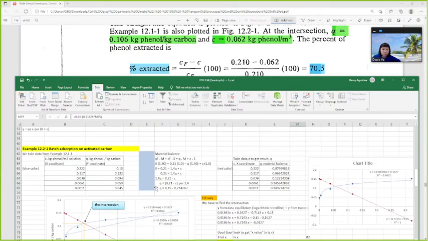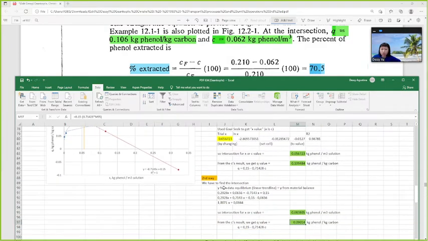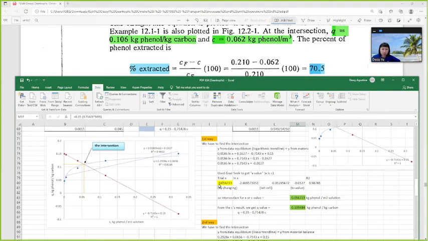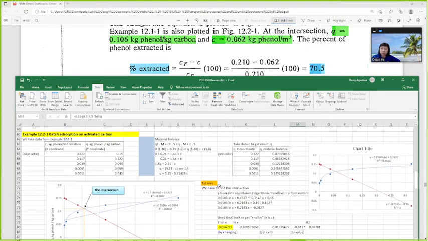So from the example 12.21 about batch adsorption on activated carbon, we have to choose what the trend line of the equilibrium data is, logarithmic or linear.